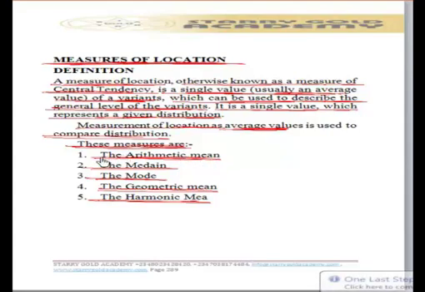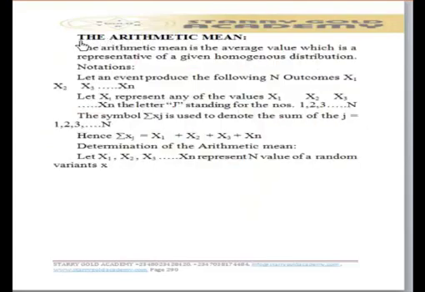So the commonly used measures, once again, are the arithmetic mean, the median, the mode, the geometric mean, and the harmonic mean, among others. Let's look at each of these measures one after the other and see how they can be computed when given appropriate statistical data. So let's begin with the arithmetic mean.